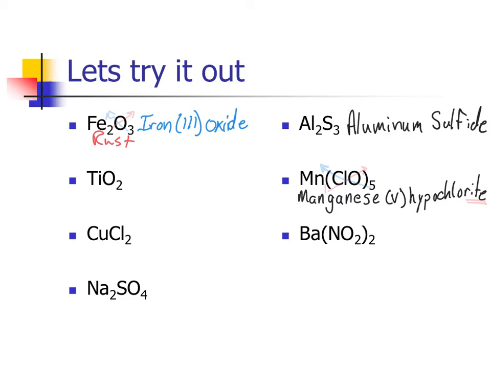Let's go to the left. And when I go to the left, again, I see I don't have any number written in the subscript for Ti or titanium, so I write a 1 there.